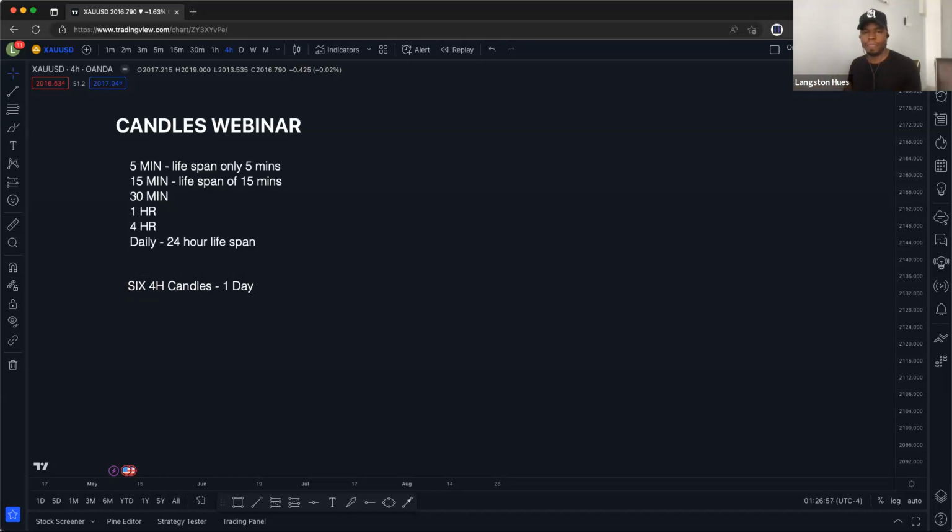So let's take a look at that, because when we're talking about making sound trading decisions, it's contingent upon volume. This is very, very important. So let's say we have a 4-hour candle here. We have a 4-hour candle here. And then that's the entire day, right?